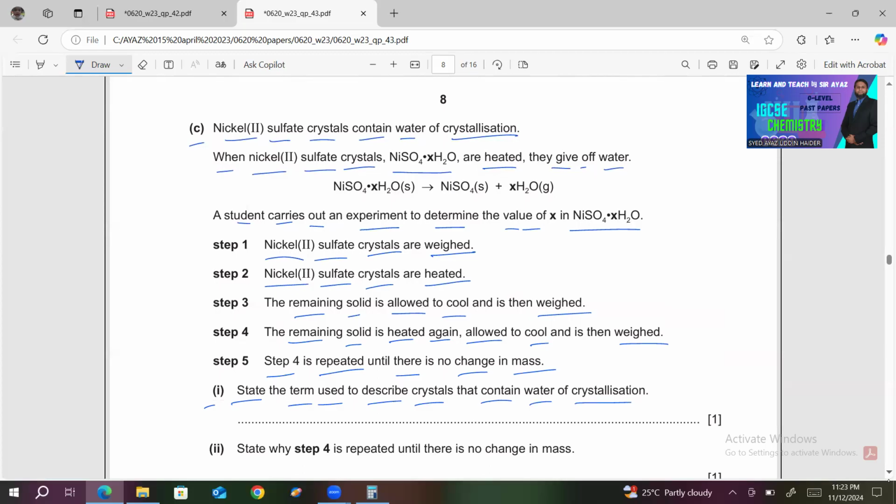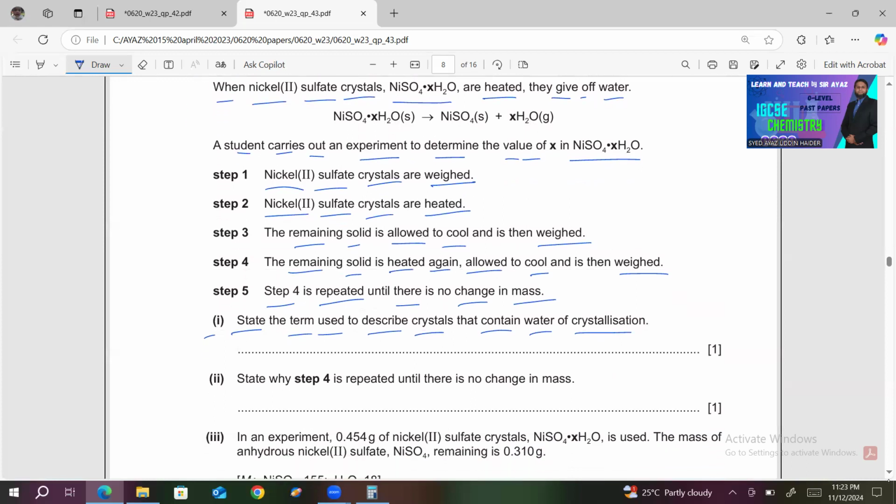So hydrated is the term that is used for this. So you write hydrated. Part 2. State why step 4 is repeated until there is no change in mass.